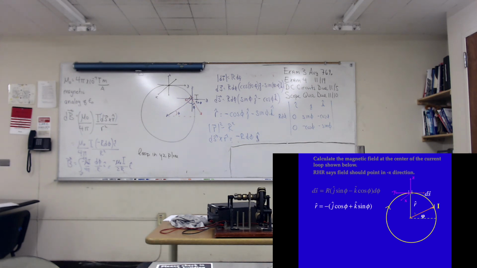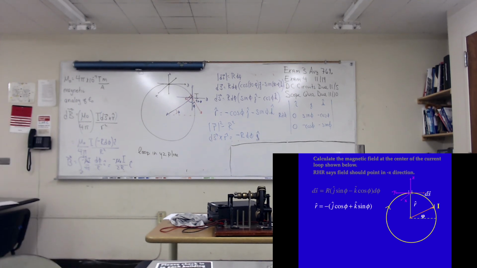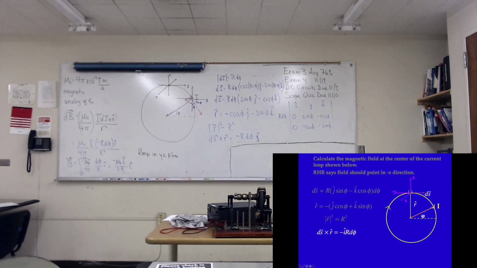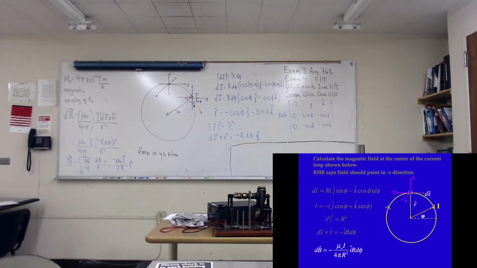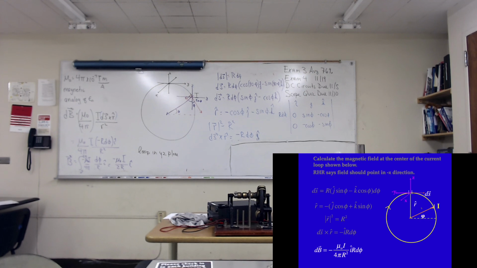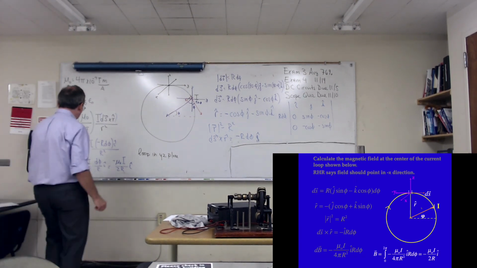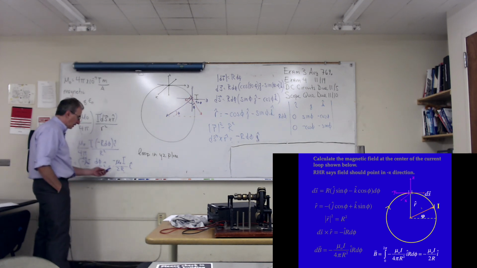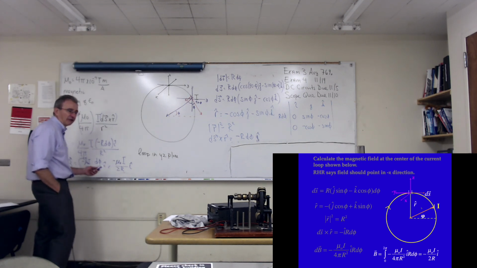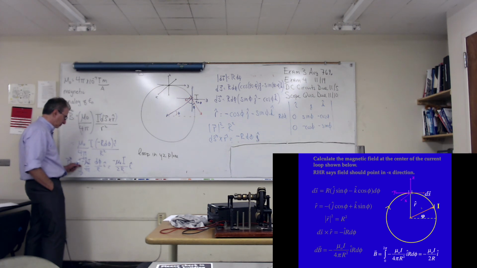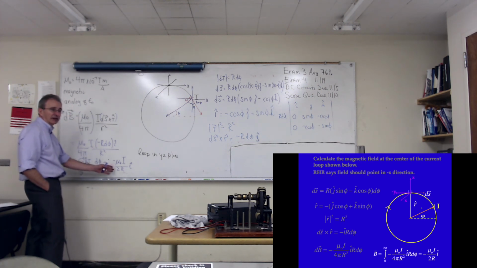What if I had half a circle? If I had half a circle, then I would integrate 0 to pi, and I would get half of this value. If I had a sixth of the circle, then I'd have a sixth of this value. Does that make sense? So this is not a hard problem.